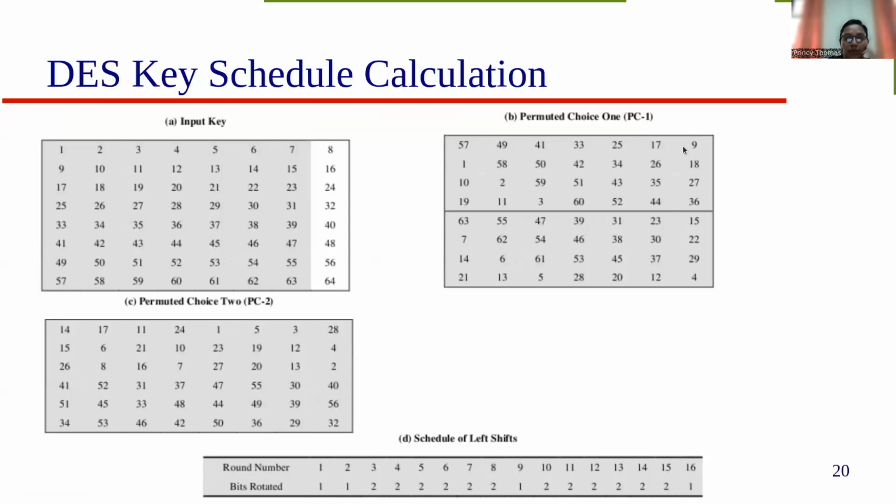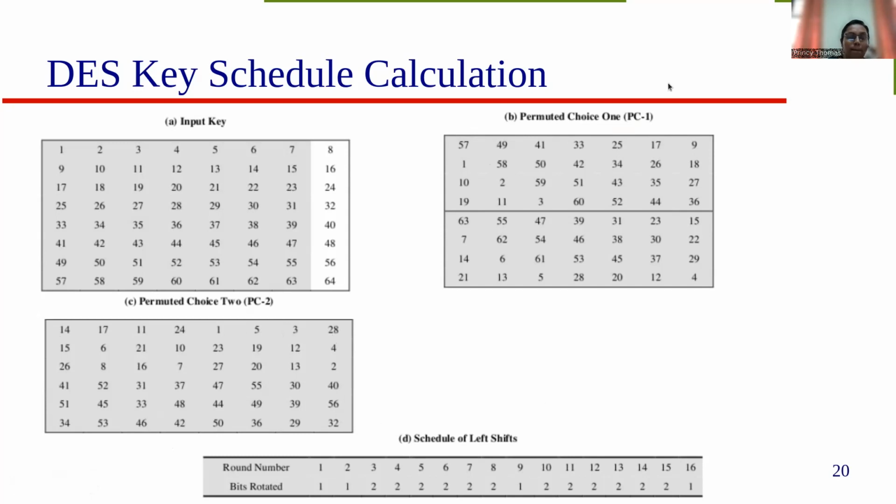Okay, this is the permutation choice 1. In each step, we are doing one left shift, so that means these values will no longer be there. Okay, 57. When we do one left shift, 1, 2, 3, 4, 5, 6, 7. It's a 56.